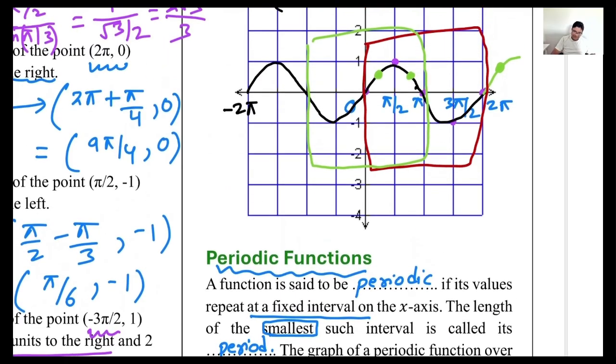Now, we said that you get a cycle if you take any interval of length 2 pi in the graph of the sine function. The particular one, the red one that I have encircled here with red boundary, that interval is 0 to 2 pi, right?